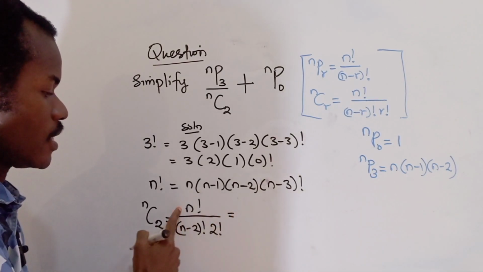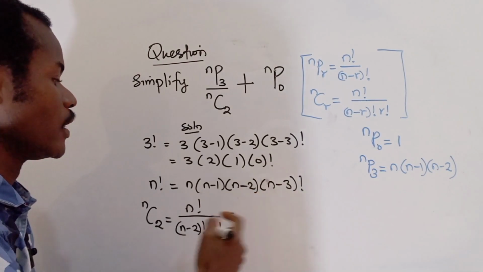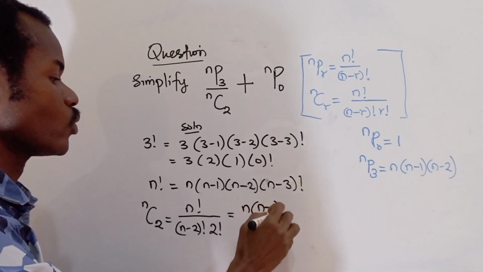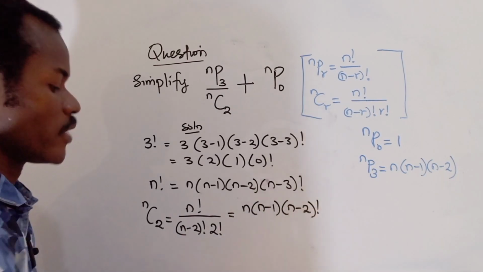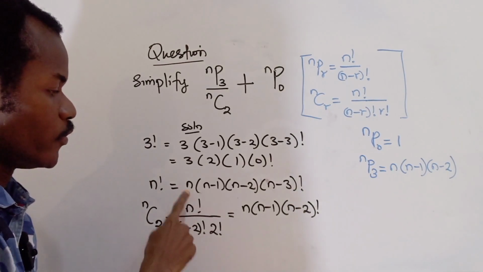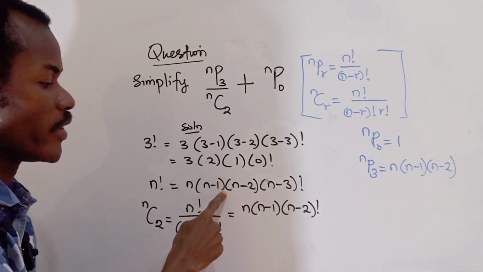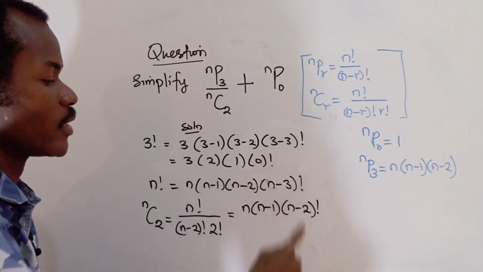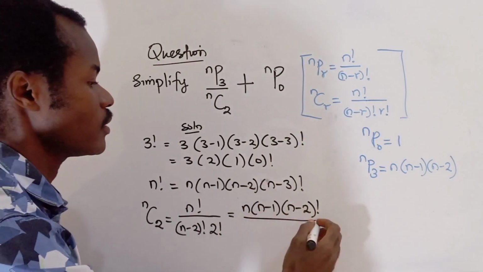I'm going to stop here because n factorial can still be written as n multiplied by n minus 1 and multiplied by n minus 2 factorial. Wherever you stop, you put your factorial there. So our n factorial still means all this, to divide by.